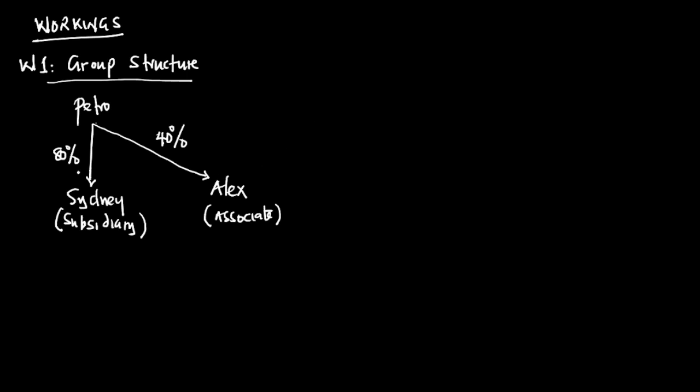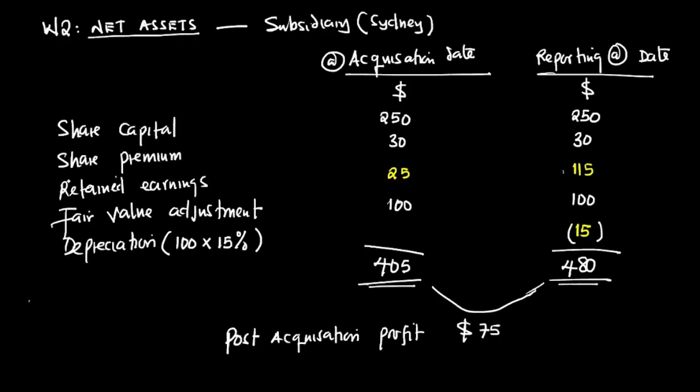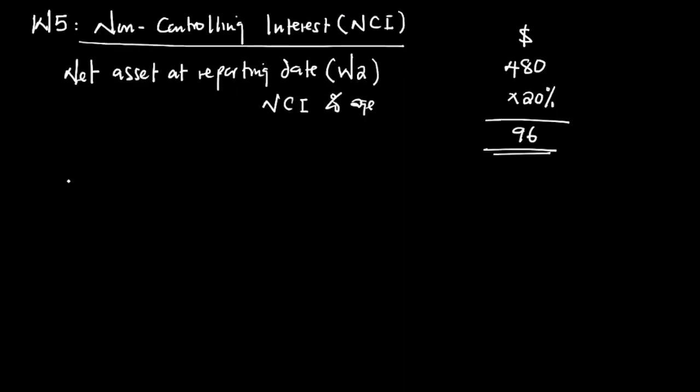Previously we were calling this the minority interest, because the total stake in the company is 100. So if you have 80, then there is a group of shareholders, called the non-controlling interest, who are holding 20%, and we still need to calculate them as well. So let's get to that working number 5.